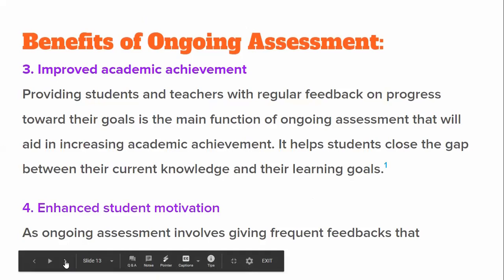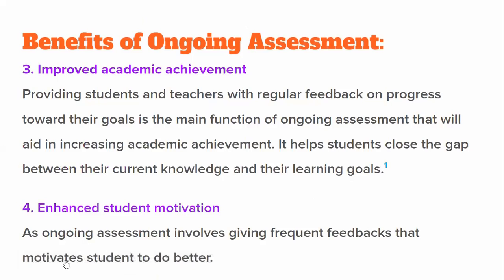The third benefit of ongoing assessment is improved academic achievement. Providing students and teachers with regular feedback on progress towards their goals is the main function of ongoing assessment that will aid in increasing academic achievement. It helps students close the gap between their current knowledge and their learning goals.